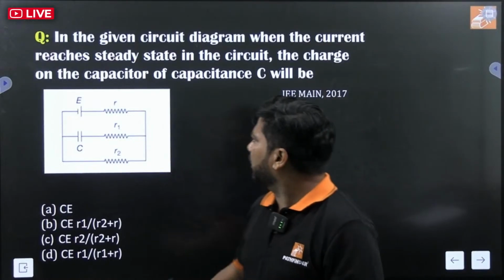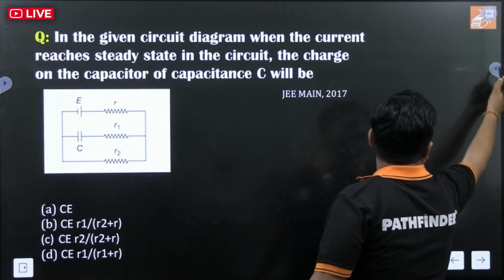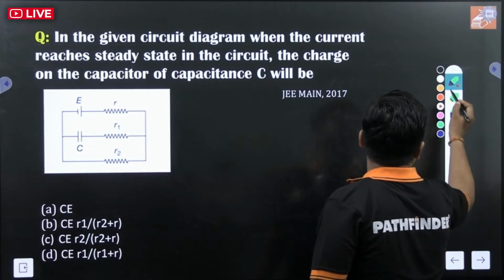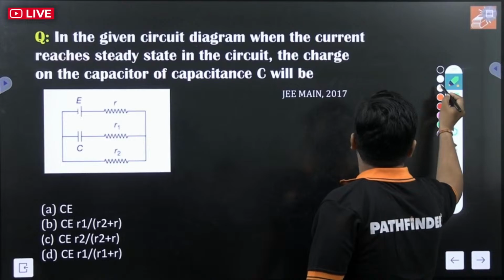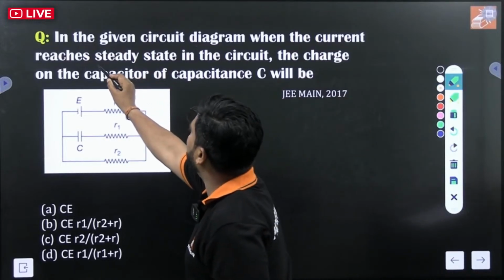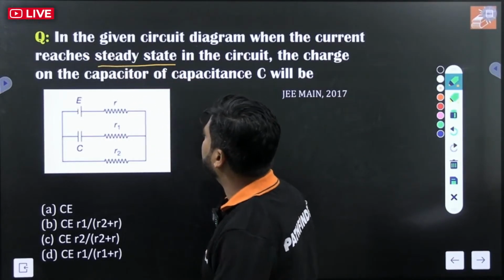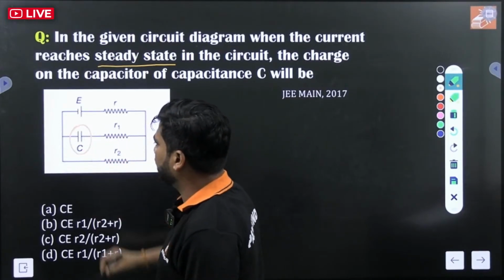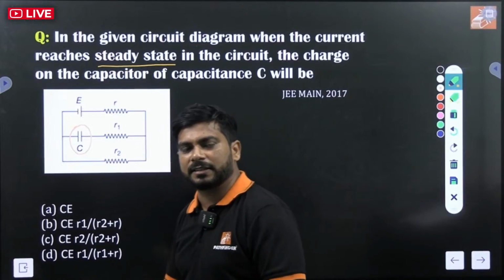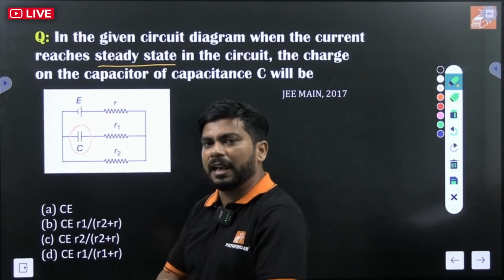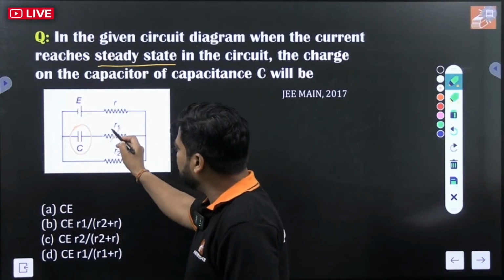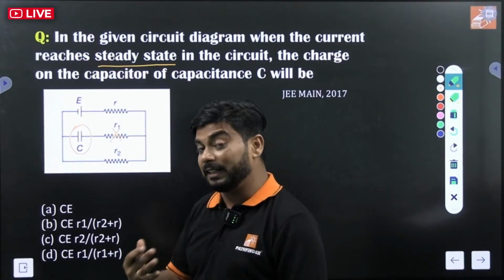In this case, what is the key point here? The key point is steady state. What do you mean by steady state? When the capacitor is fully charged, it will not allow current to pass through it, right? So current across this R1 is 0 in steady state.